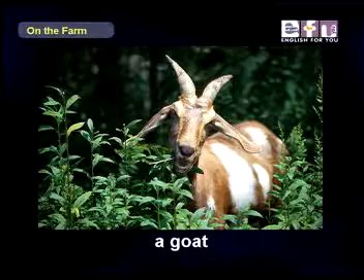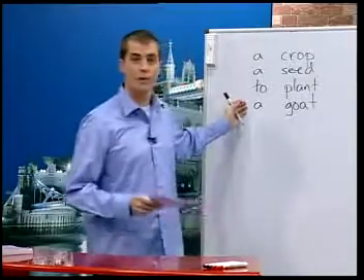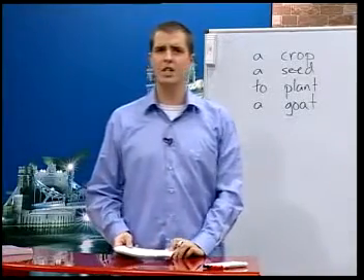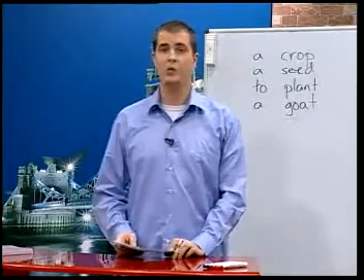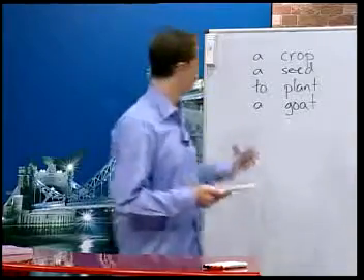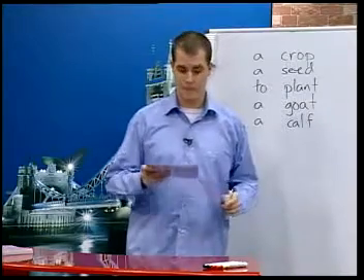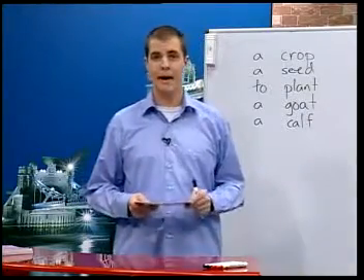A goat. A goat is a farm animal that looks a little bit like a sheep, and it usually has 2 horns. Next we have a calf. A calf is a baby cow.